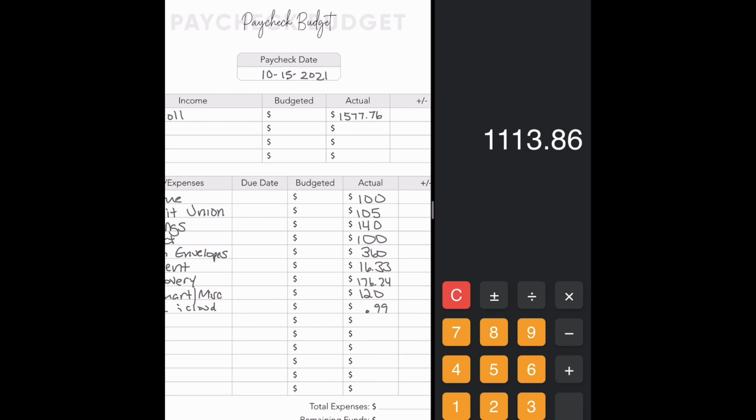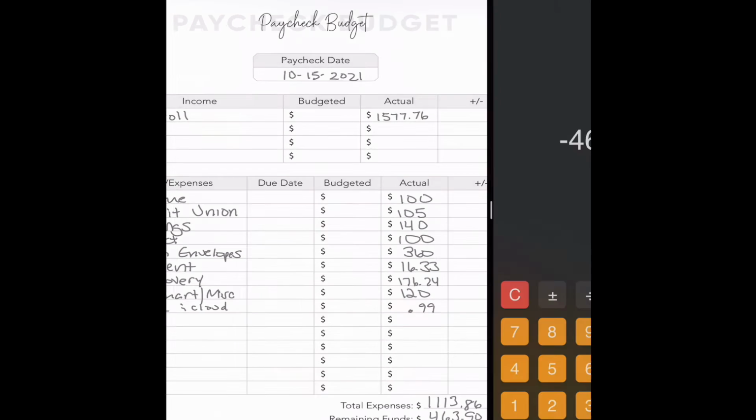So it is $1,113.86. Take that away from 1577.76. It's 463.90.